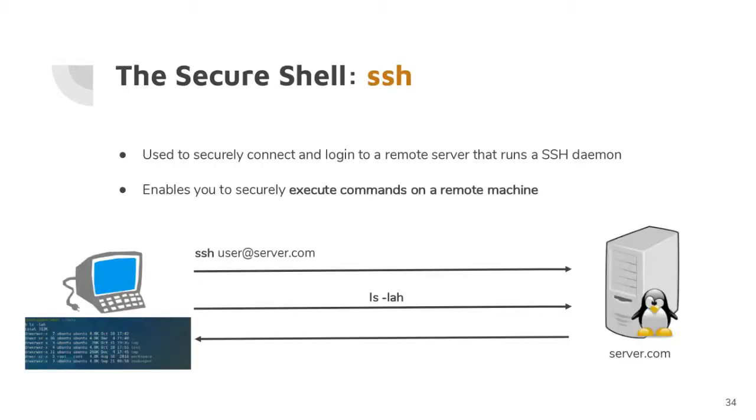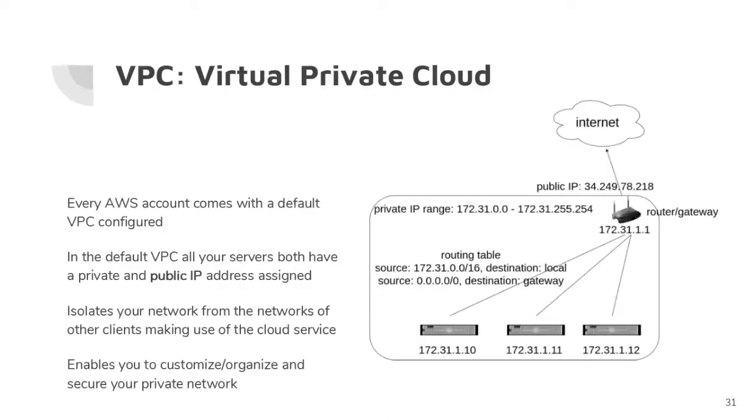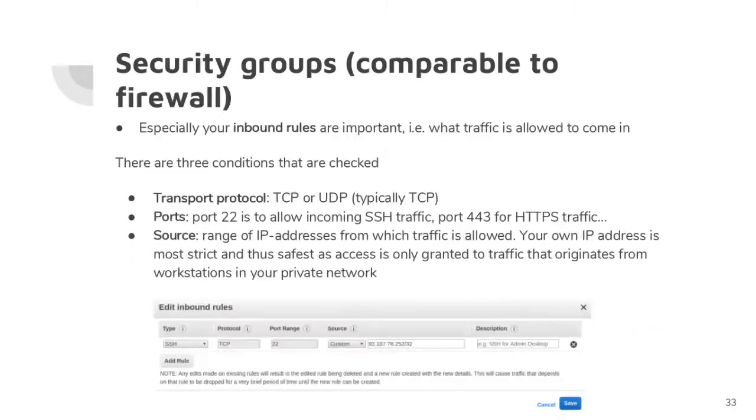Okay, so the secure shell, what does it do? Well, with SSH, you specify your username and then your server. So your server, if I'm going back to this screen, actually I mean the router. And the router has a public IP address, and then it will forward your access to one of your instances in your virtual private clouds. And only if that's allowed by the firewall.